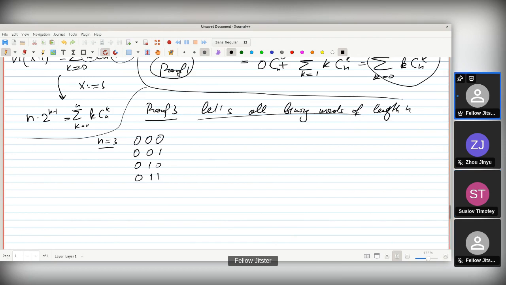It is better to place this one here. Okay. 1, 1, 0. 1, 0, 1, 0, 1, 1. And 1, 1, 1. So how many? 8. And in general, according to the rule of product, 2 to the power 3, 2 to the power n in general.